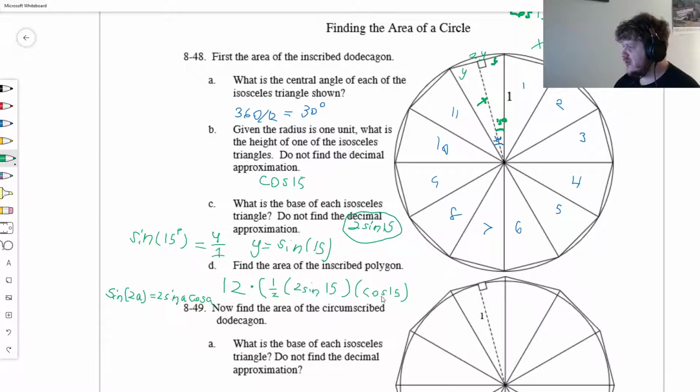So right here we have 15 and 15. We can combine that, and we'd end up having 6 times... let me actually go through all of this because I'm sure some of you would be confused. We have 12 times 1/2 times sine of 30.